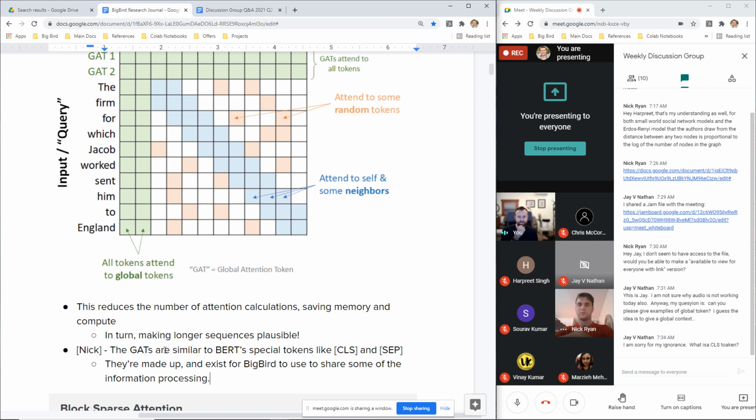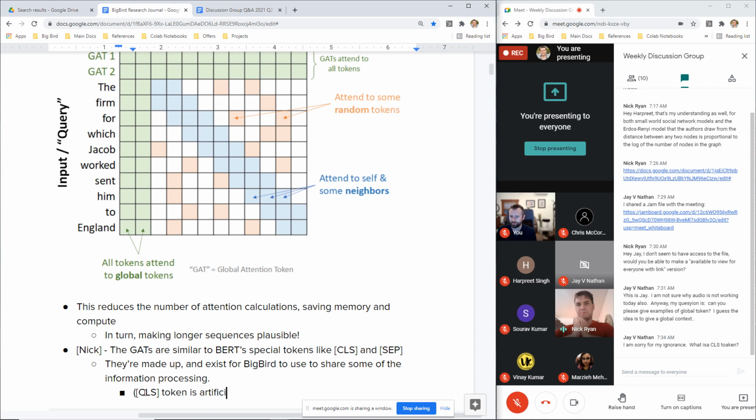And you're right about the purpose. Yeah, it's to give it global context, to give it access to information from the entire sequence. The CLS token is just in BERT and a lot of BERT variants. The input might be one or two sentences, and in front of all of those, the very first token, artificially inserted, is a CLS token.